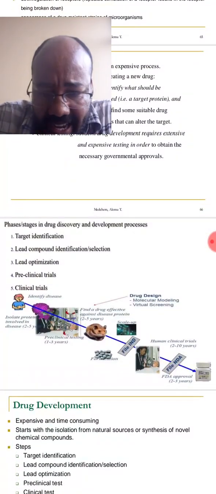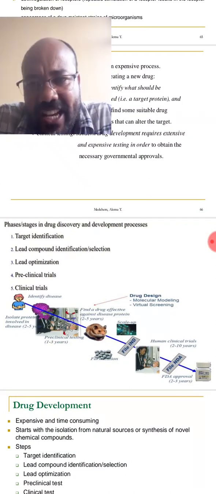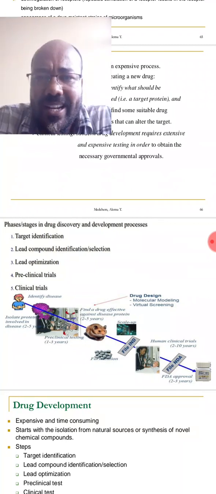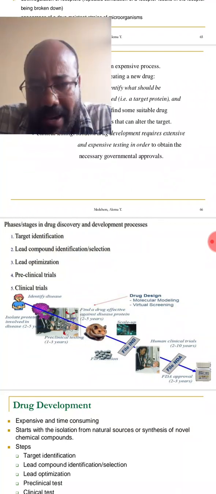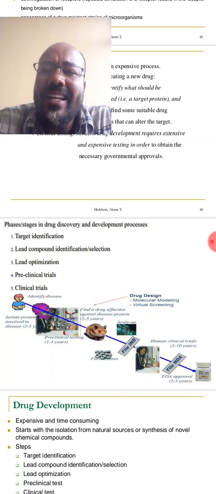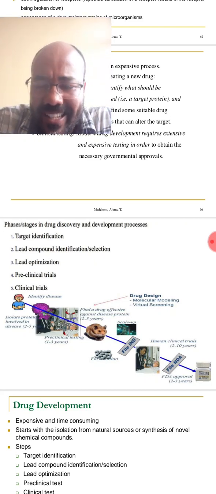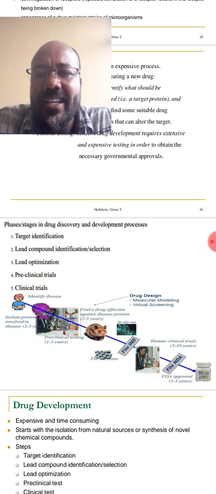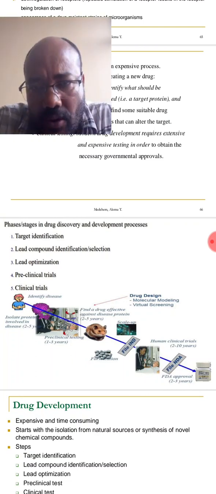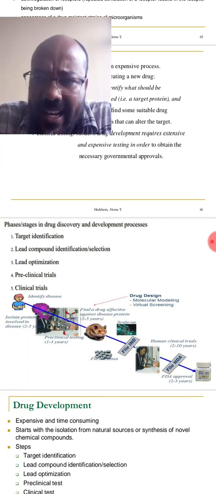In drug discovery and development processes, there are different stages, or phases. The first stage is called target identification. The second one is lead compound identification. The third one is lead optimization, or lead modification, or you can say lead development.